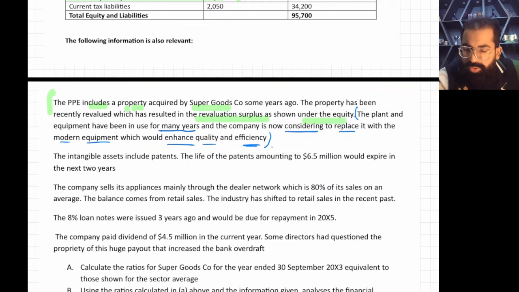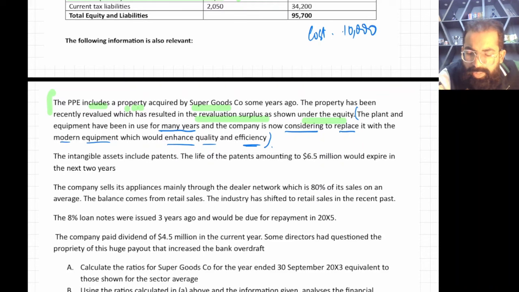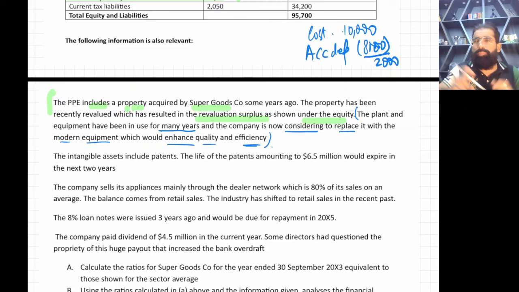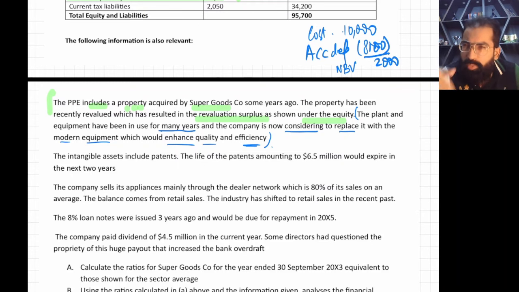For example, you bought the plant for 10,000, but till now there is an accumulated depreciation of 8,000. When the plant is very old, the NBV or carrying amount is very low. This also indicates that in the near future, you need to replace it.